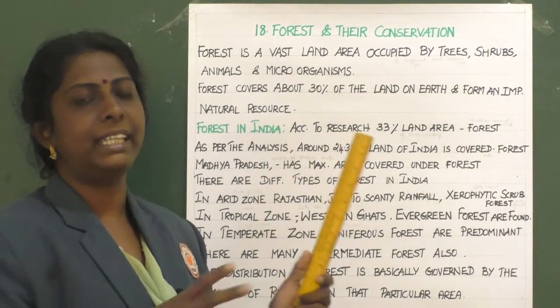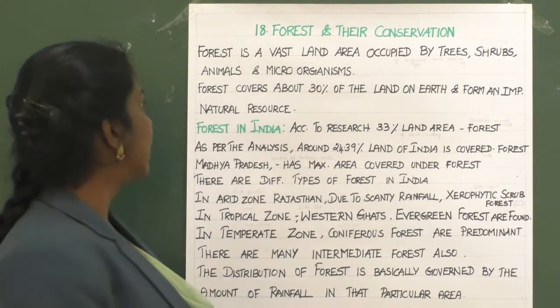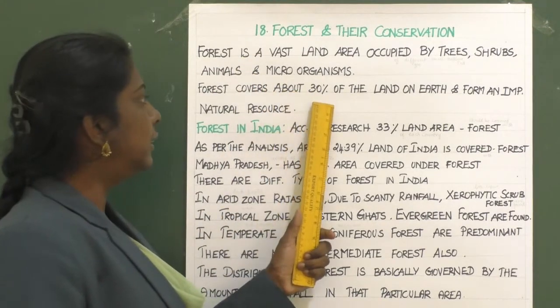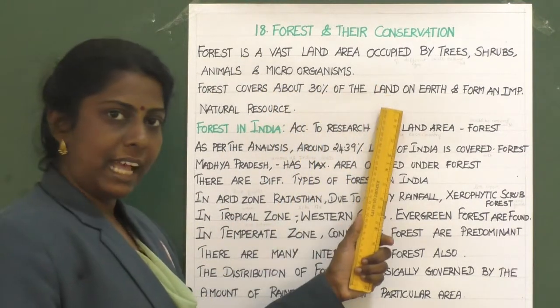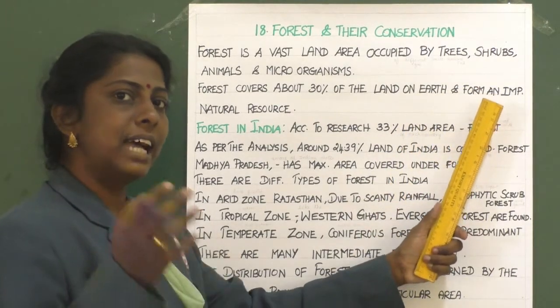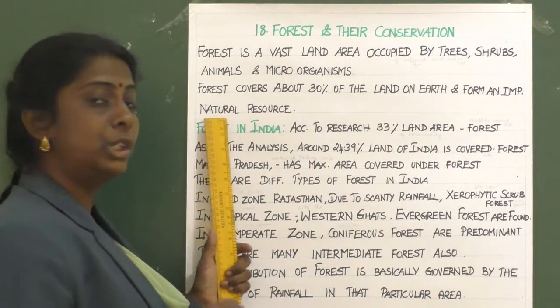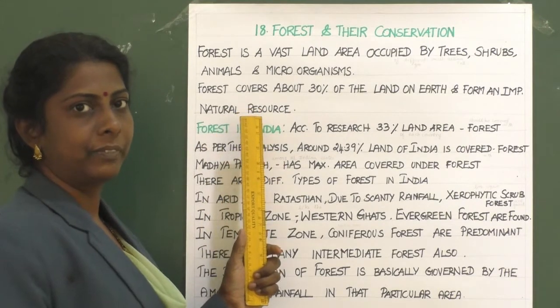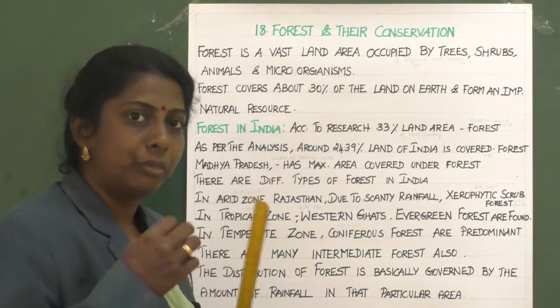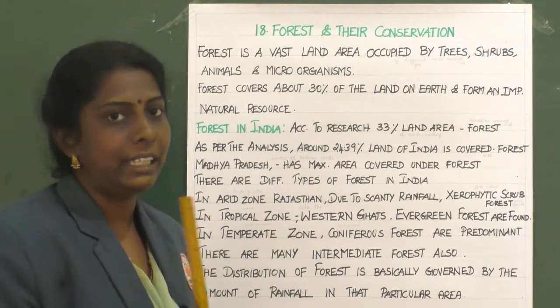All these things will be there in a forest. Forest covers about 30% of the land on earth and it forms an important natural resource. Clear?